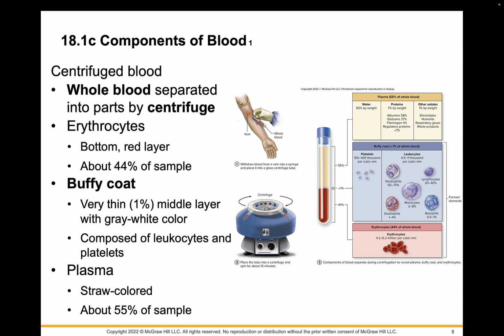An additional 7% by weight will be various plasma proteins, albumins the most, then we'll see globulins, fibrinogen, and then a number of regulatory proteins that will be dissolved in blood, and also numerous solutes, electrolytes, nutrients, respiratory gases, and waste products, and together, all of that is found in whole blood. But remember, plasma accounts for 55% of whole blood, red blood cells 44%, and leukocytes and platelets account for the remaining 1%, and they are found in that buffy coat once again.